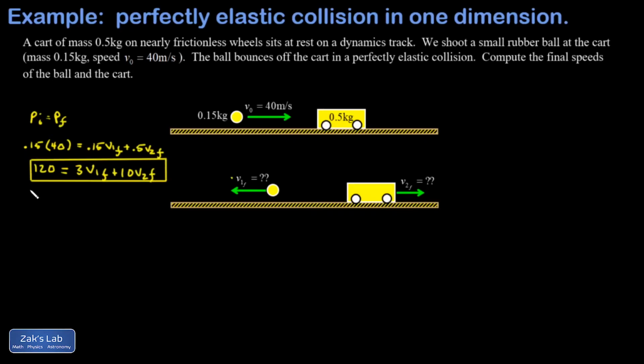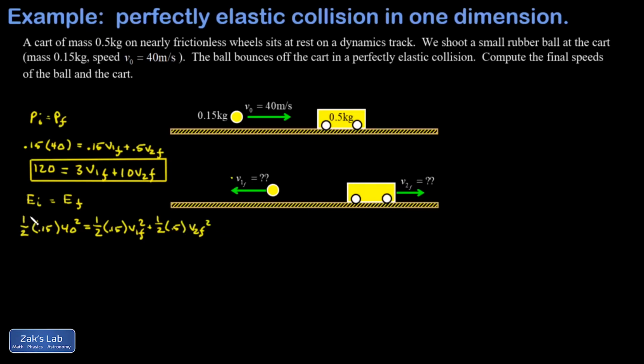The second condition that I need to enforce with an elastic collision is that the total kinetic energy in the initial state is equal to the kinetic energy in the final state. In the initial state, there's only one thing moving, so I take 1/2 times the mass times the speed squared. In the final state, two things are moving: the little ball with its final velocity of v1 final, and the cart with its final velocity of v2 final.